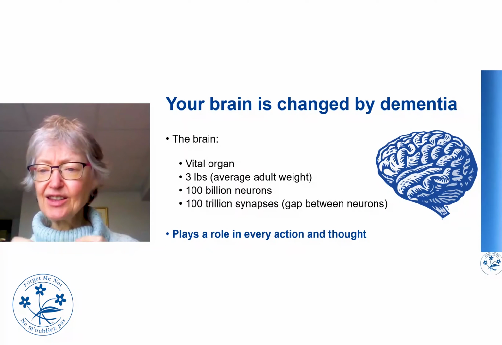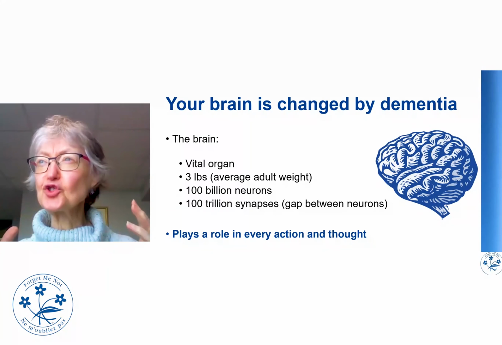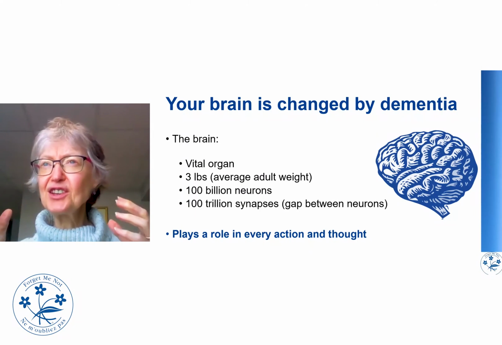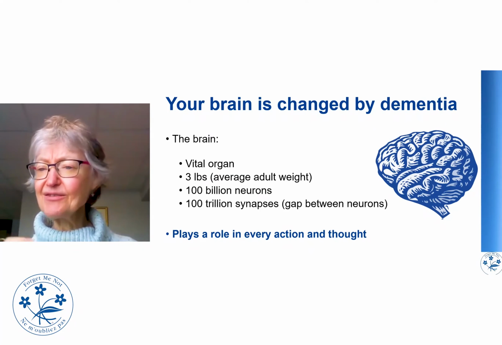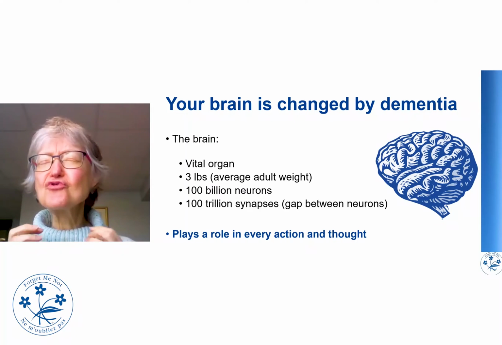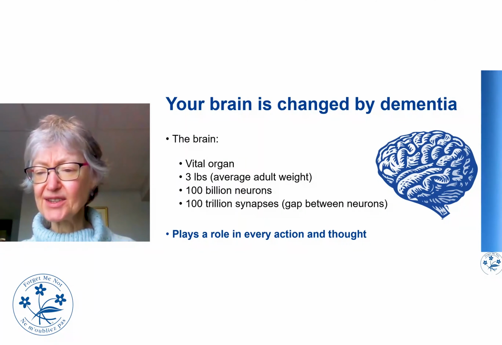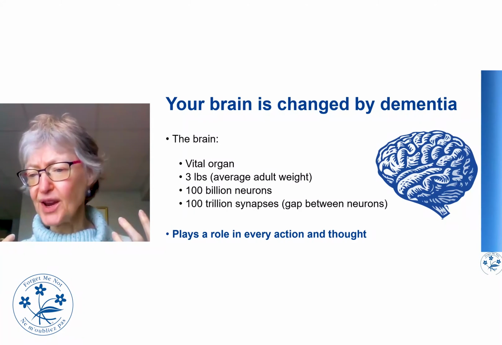And the neurons, the brain cells, are shaped a little bit like trees. If you think of the end of a tree, it has roots. Well, the end of a neuron has dendrites. And at the end of every one of those, there's something called a synapse. And there are 100 trillion synapses. Those numbers are so big, they really boggle comprehension.